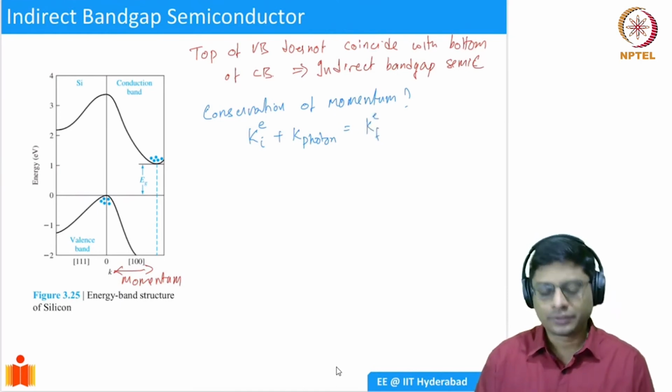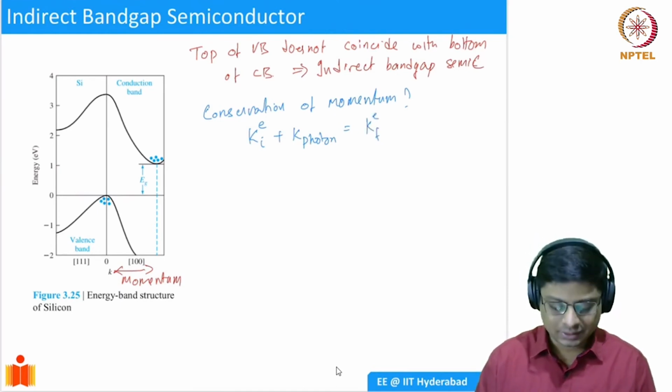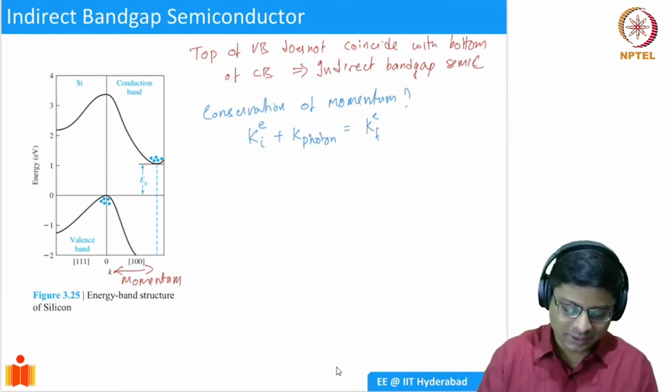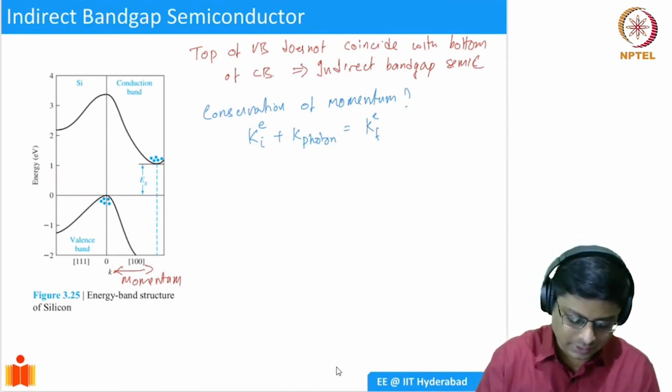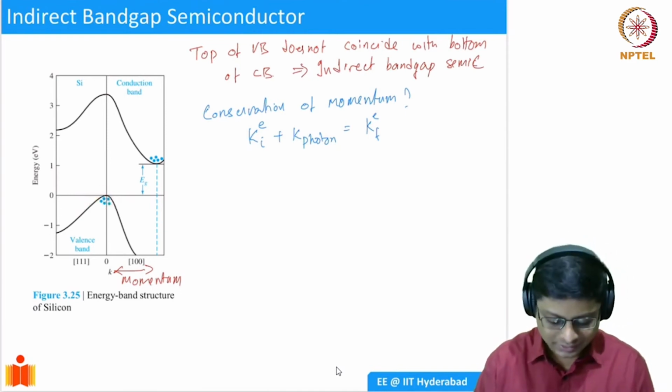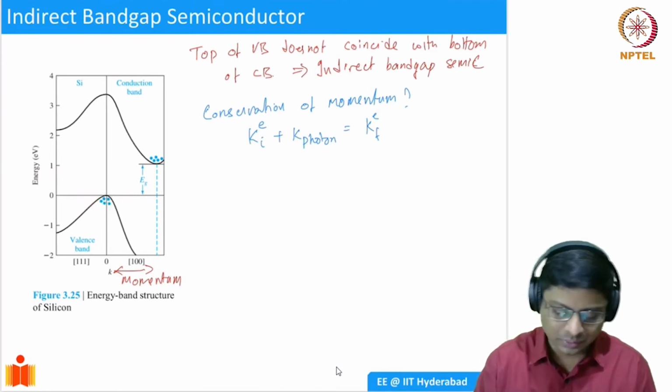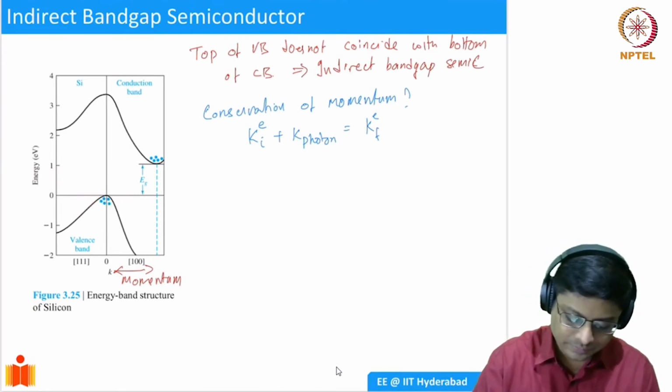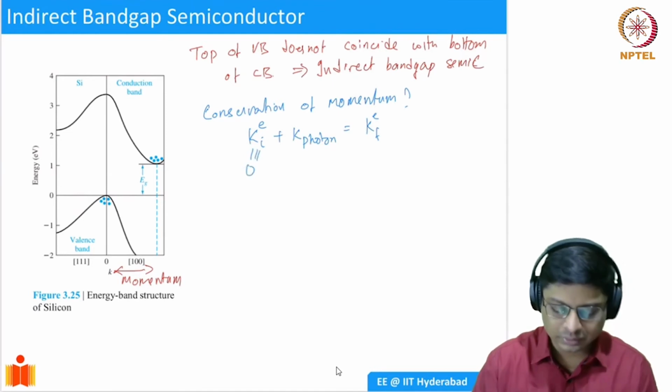Now, from the indirect band gap semiconductor, we are seeing that the initial momentum, let's say the electron was at the top of the valence band, in this diagram is shown as K equal to 0.